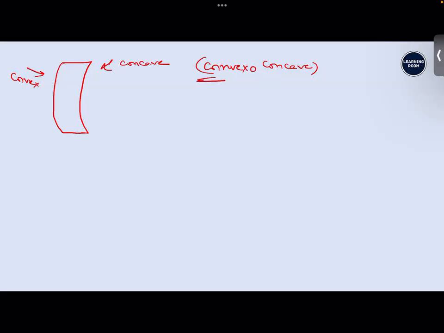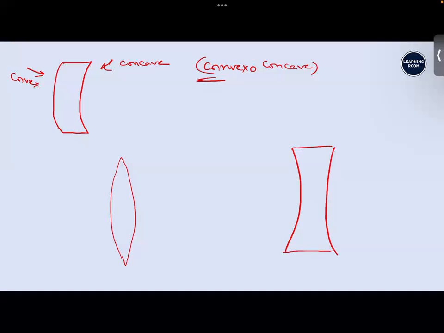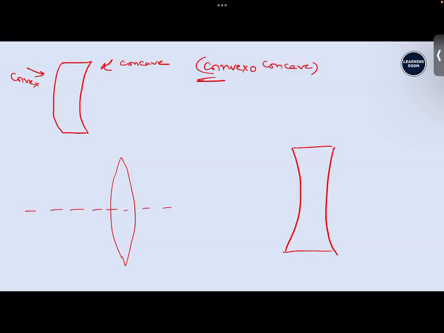Right. So based on this, if you try to proceed, then we mostly discuss a biconvex lens and a biconcave lens. Okay. So generally, a mirror has only one focus, whereas a lens has two foci.